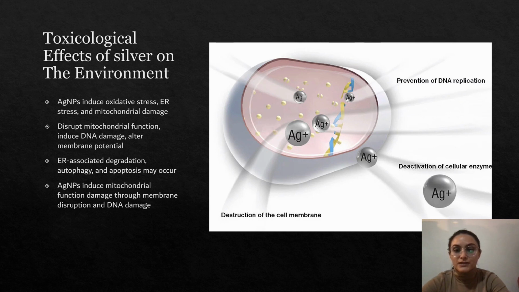Silver nanoparticles induce oxidative stress, endoplasmic reticulum stress, and mitochondrial function damage in living organisms through non-reactive oxygen species pathways. Silver nanoparticles can disrupt mitochondrial function, induce mitochondrial DNA damage, and alter mitochondrial membrane potential, leading to the release of mitochondrial cytochrome C and ultimately apoptosis.